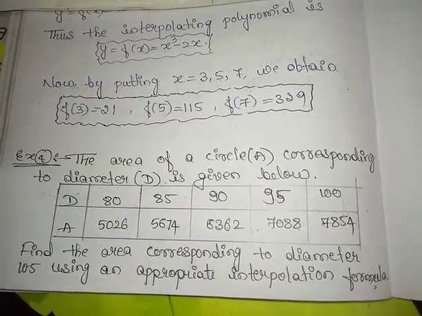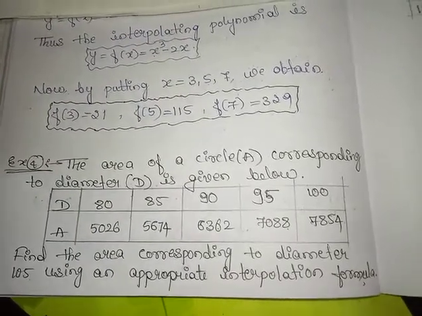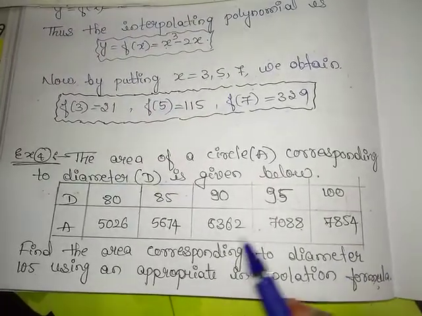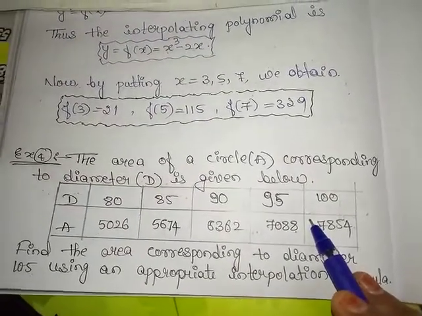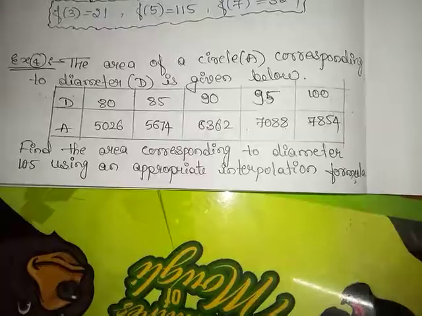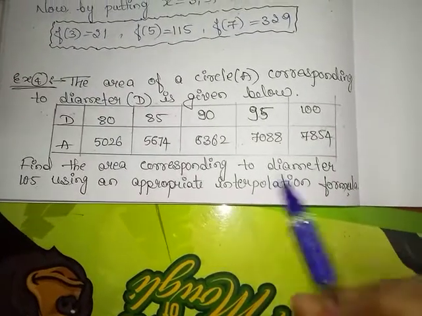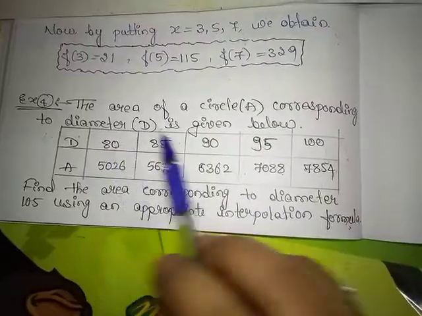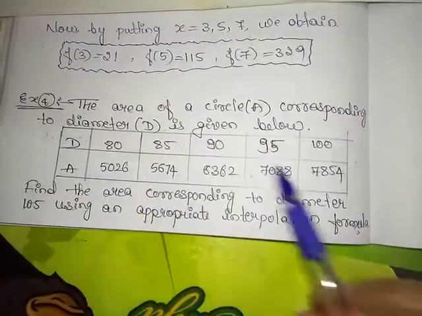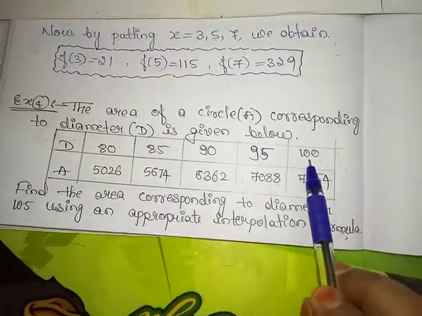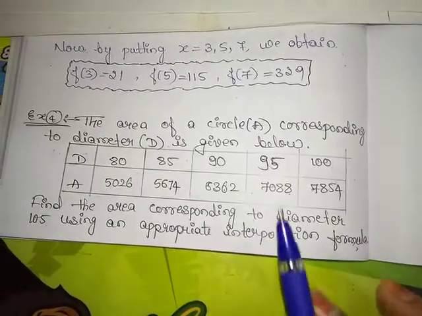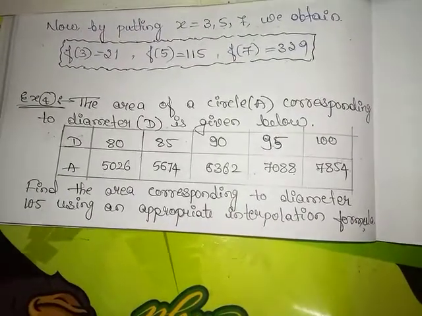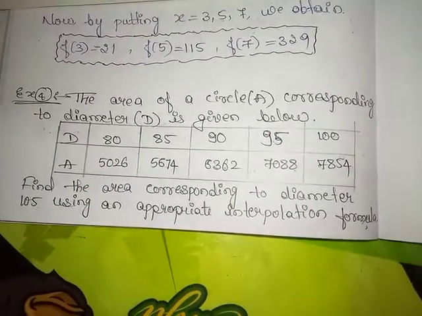Finding the desired value of x which does not lie in our given data, means the value which lies outside our given range. Our given range is 80 to 100, but 105 lies outside this given range, means this is under the extrapolation process. But finding the value of y corresponding to the value of x is same for this example also.